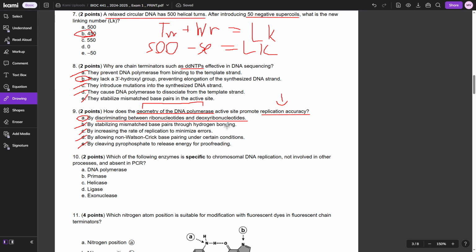Which of the following enzymes is specific to chromosomal DNA replication, not involved in other processes, and absent in PCR? Okay, so let's think about this here. I'm trying to remember if you guys have actually done this.